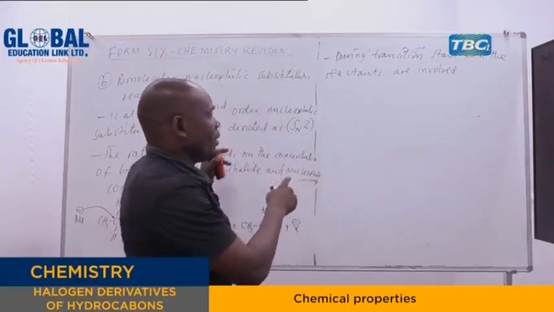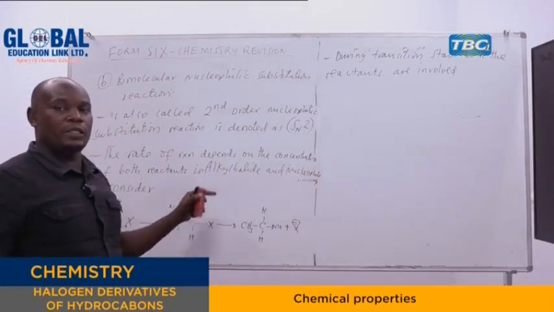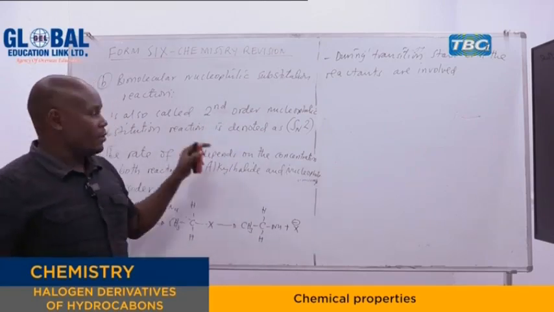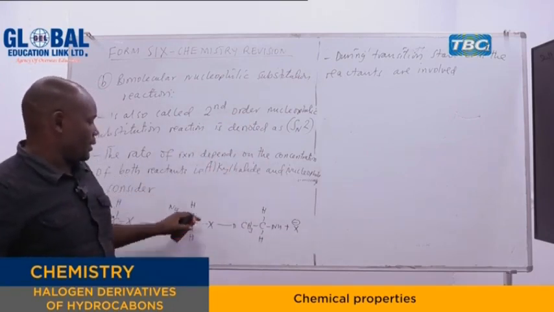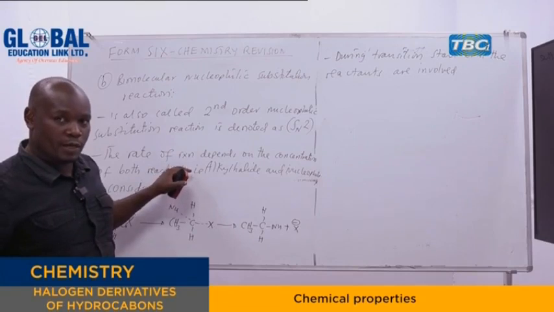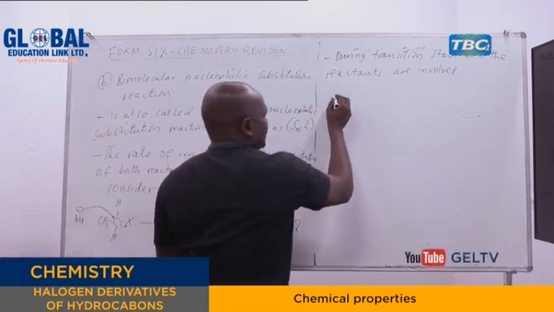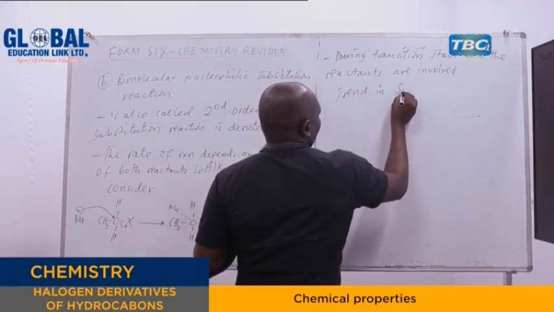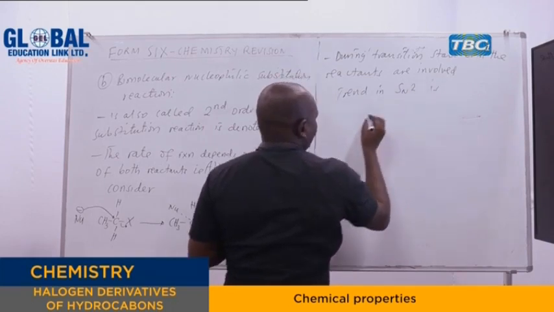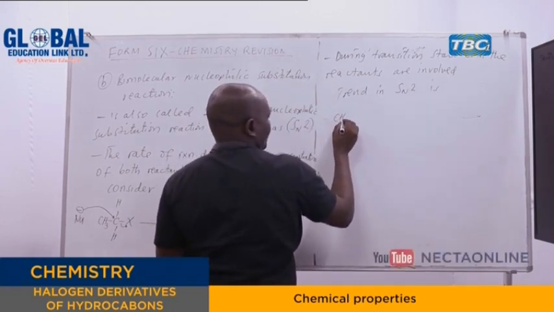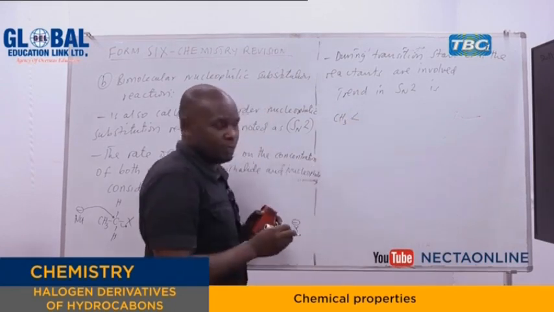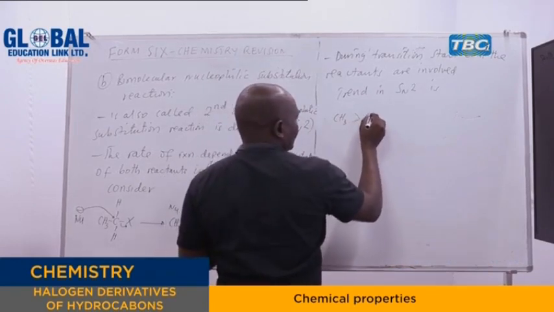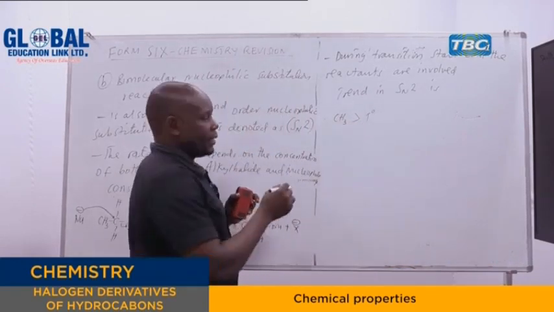So from there now, I'm sure you are able to describe the nucleophilic substitution reaction in haloalkane by these two mechanisms. Normally the order of reactivity in the bimolecular nucleophilic substitution reaction follows the trend: the methyl alkyl halide is greater than the primary alkyl halides.